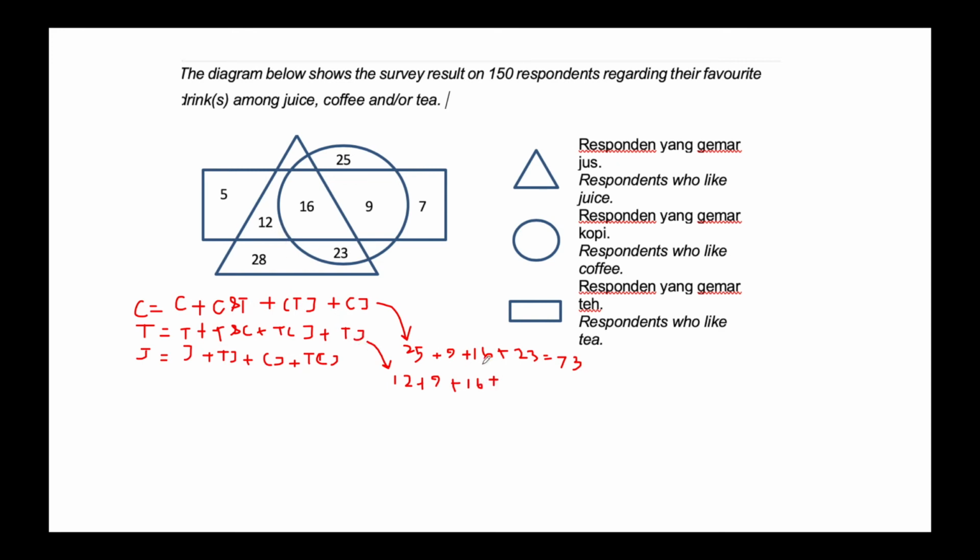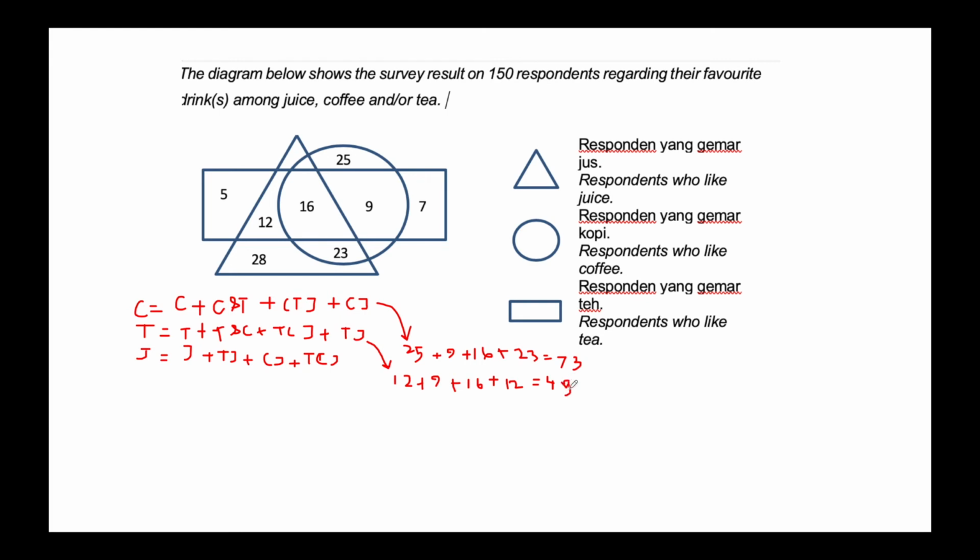Tea and juice, 12. And the total here is 12 plus 9 plus 16 plus 12, it's 49.